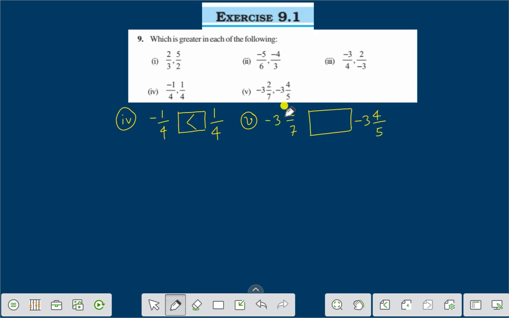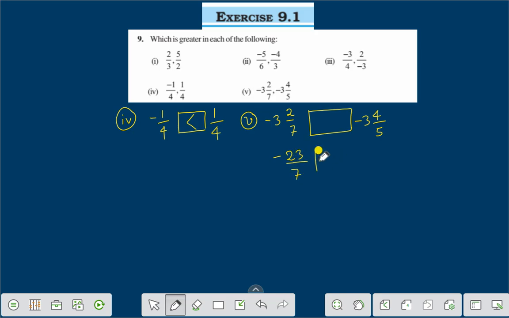If we change this into a fraction, 3 sevens are 21, 21 plus 2 is 23. That is minus 23 by 7.